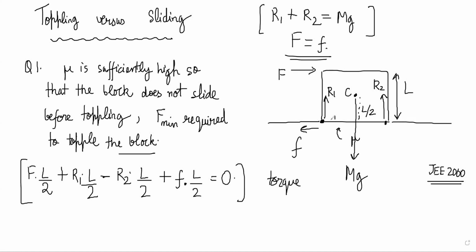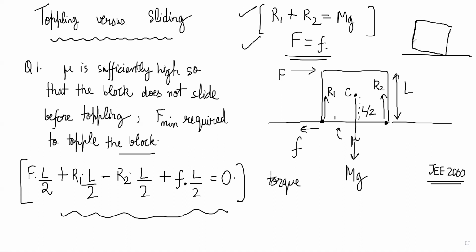If the two reaction forces from the edges are like this, R1 and R2, and friction is acting this way, capital F is acting in the forward direction, this is the force balancing, and this is the torque balancing equation, right? Now what happens is when toppling starts happening, the body starts turning and it loses contact with the left end.